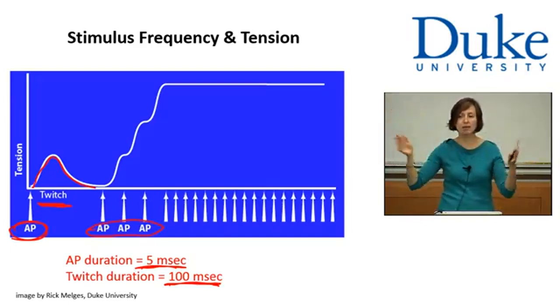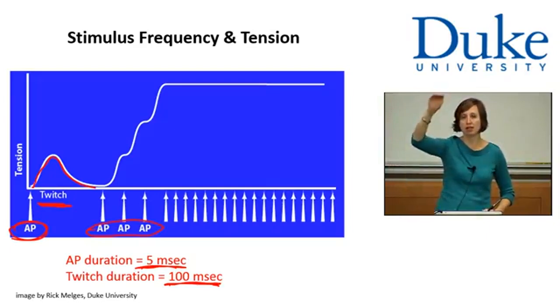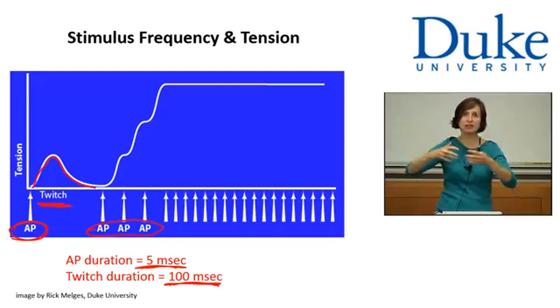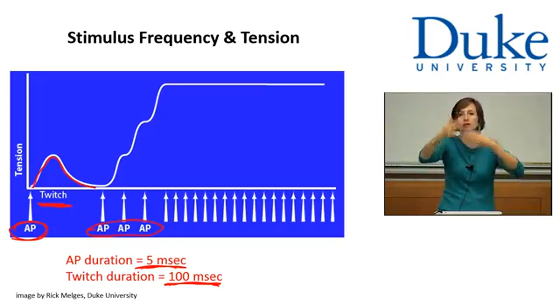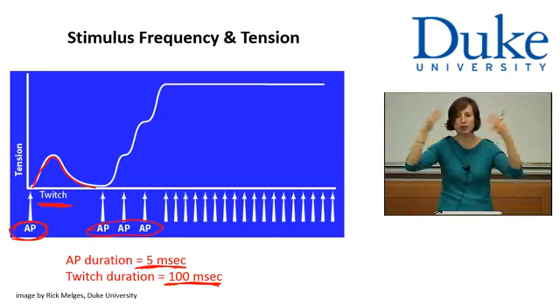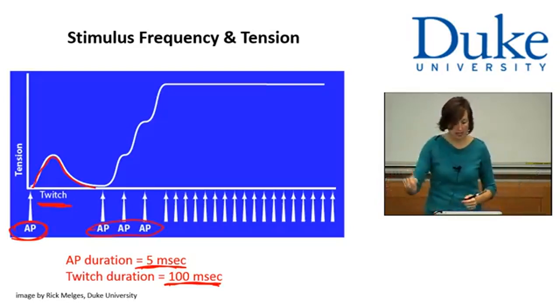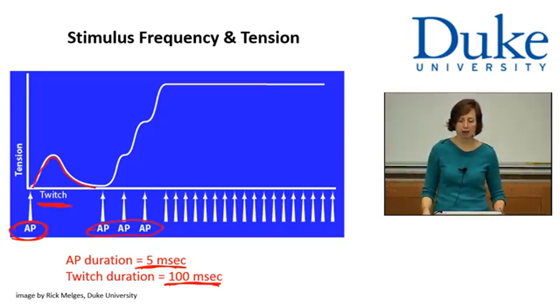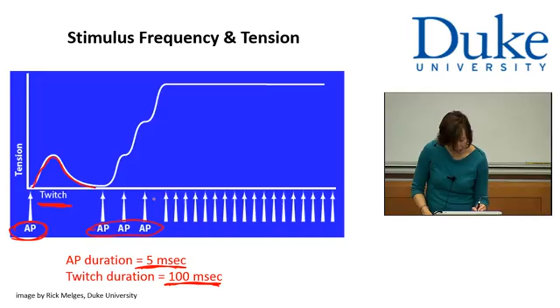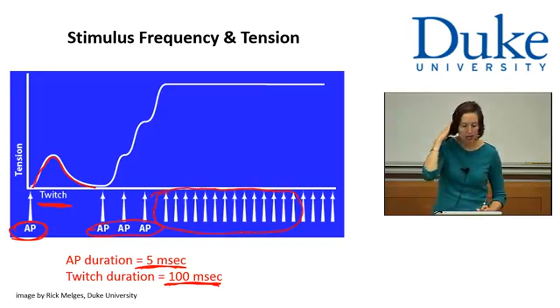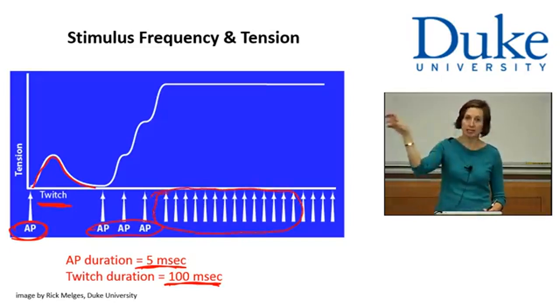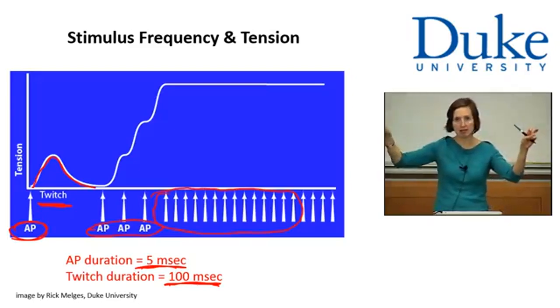Then that's keeping the calcium levels in the cytosol high and giving enough time for everything to diffuse and for tropomyosin to be removed so that we can actually get many of the myosin heads cycling and shortening the muscle cell. And then we can continue to have very frequent action potentials as we do in the right-hand side of this graph so that we reach what we call tetanus, which is maximal contraction that is somewhat sustained.